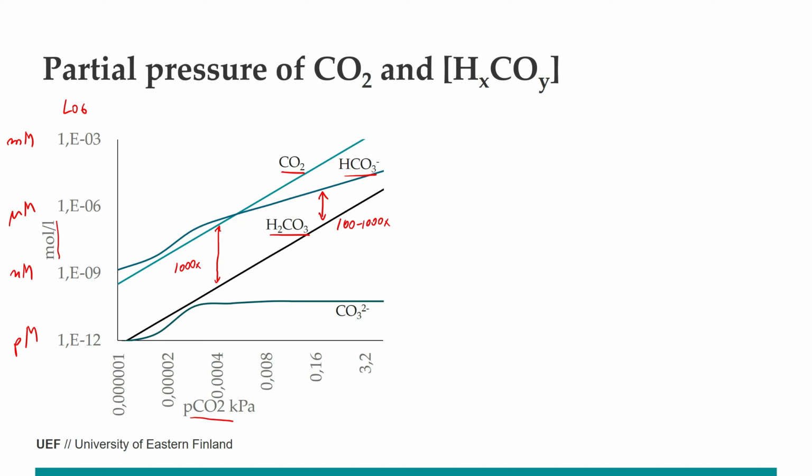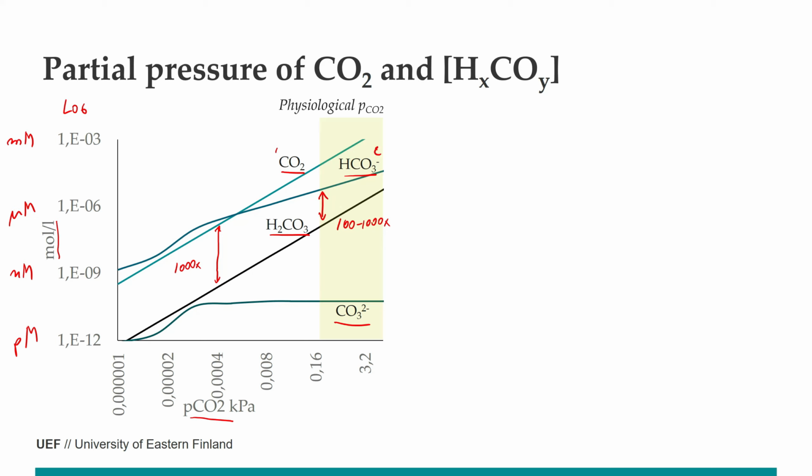So that means that we have carbon dioxide and bicarbonate in the circulation. And then the 4th molecule, the concentration is anyway very low. Especially in the physiological partial pressure of carbon dioxide, we only need to worry about these 2 molecules.